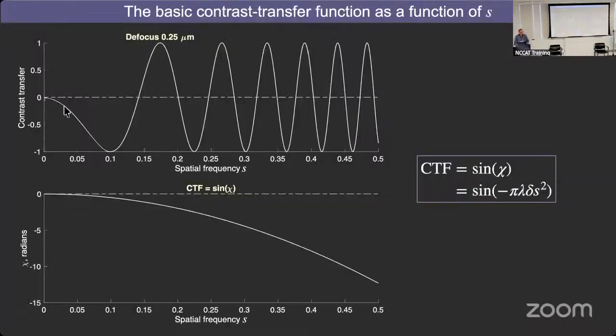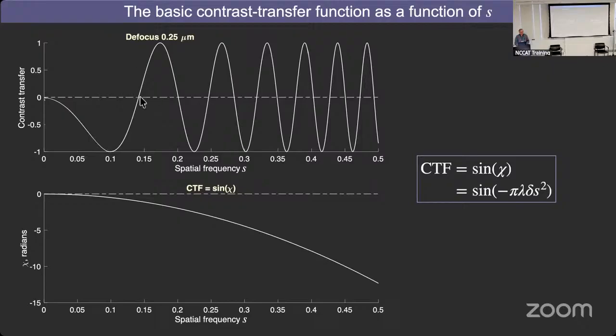If we fix the defocus, then this is the contrast transfer as a function of spatial frequency, and this immediately tells you why people acquire images at different levels of defocus. As you change the amount of defocus, you squeeze and expand these oscillations.